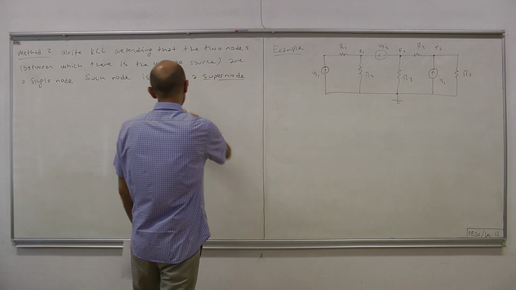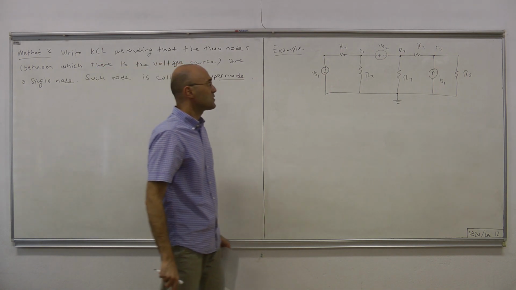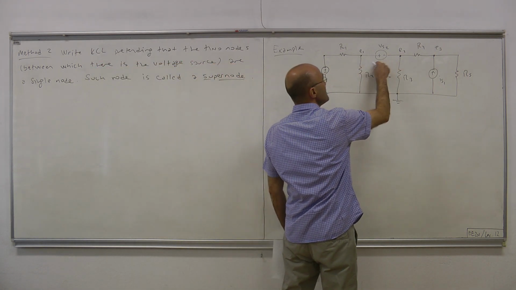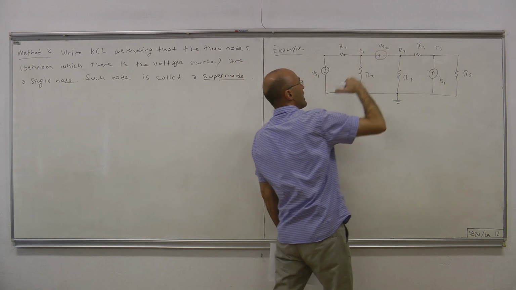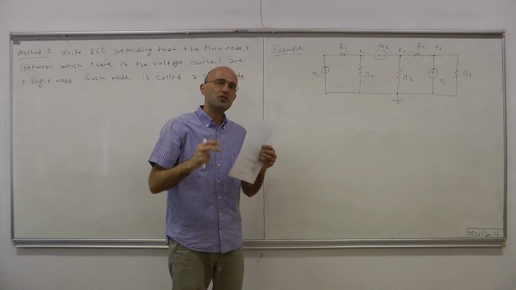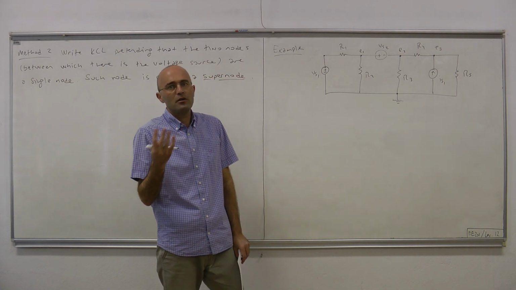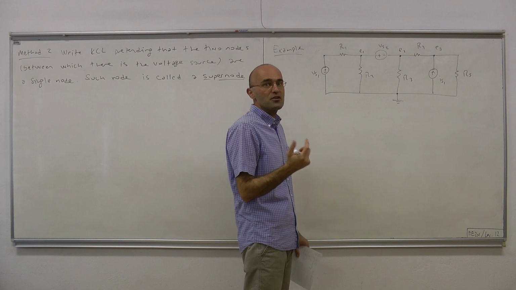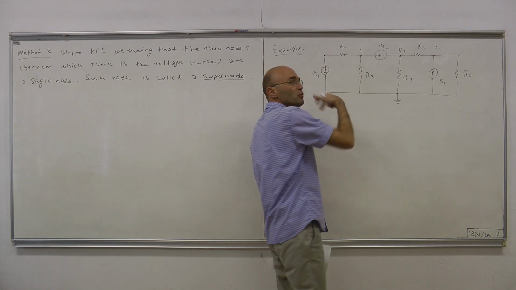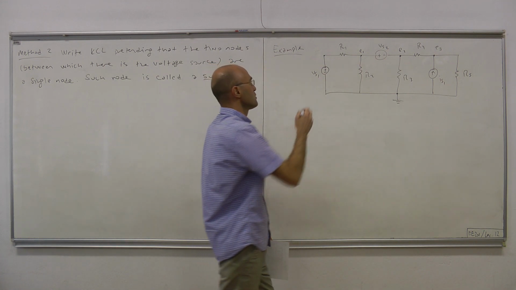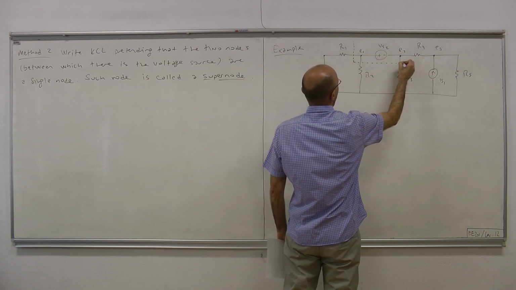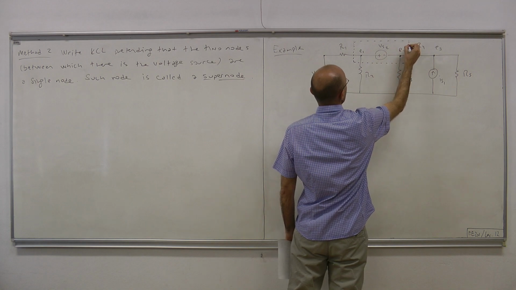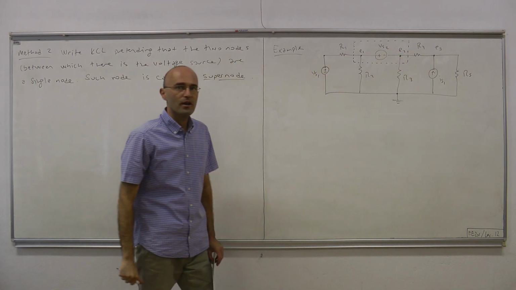So what this method suggests is to combine these two nodes, in the sense that we consider a closed surface that encapsulates both of them. Now remember that to be able to write KCL equations, we don't really need a node, all we need is a closed surface. So the closed surface that's being suggested by that method is this.